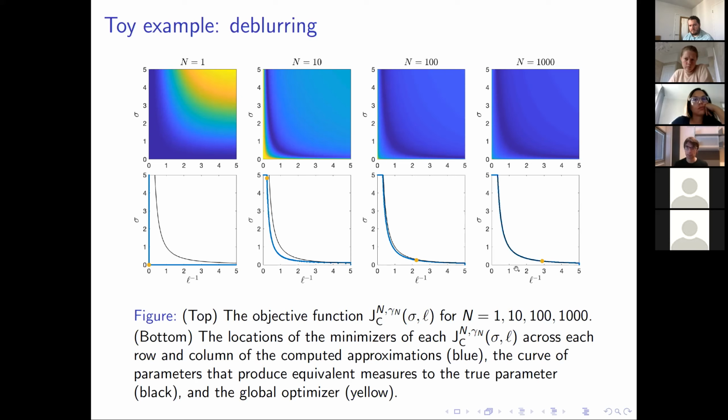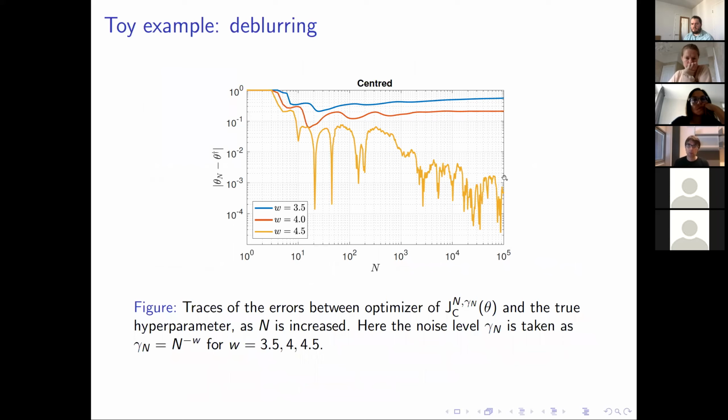That tells us that the identification is non-unique. You can't recover the exact point, but you can recover the manifold of parameters which are minimizing.